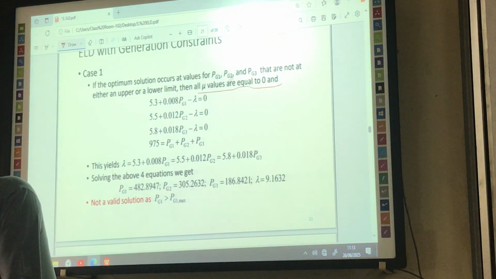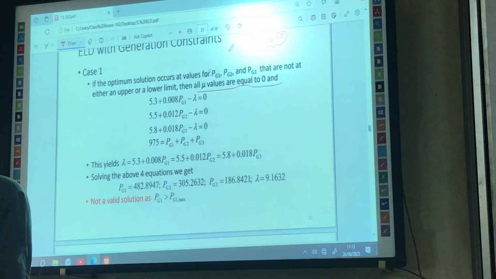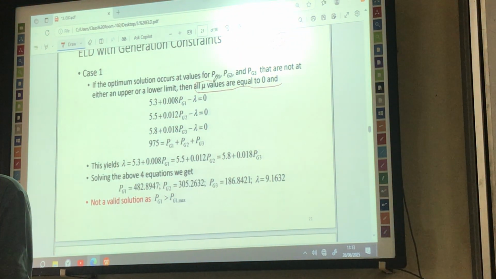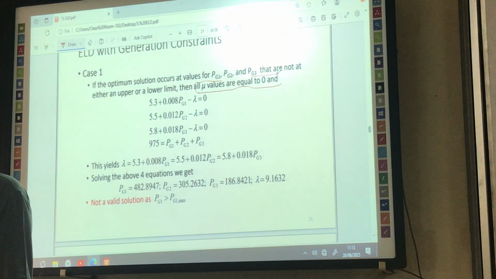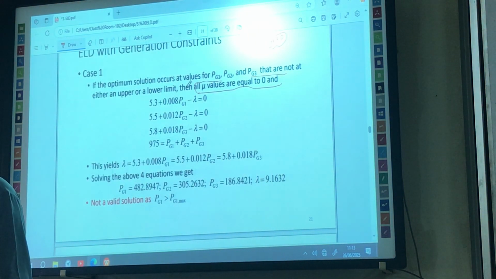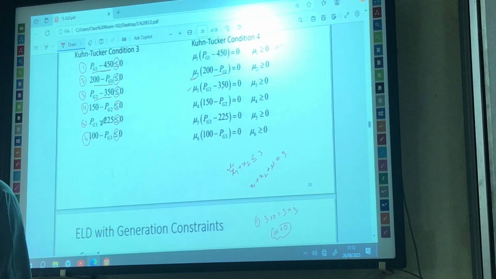Look, we have assumed all the mu values equal to 0. There is another meaning of this, that mu equals 0 means that all these values Pg1, Pg2 and Pg3 are within the limit.